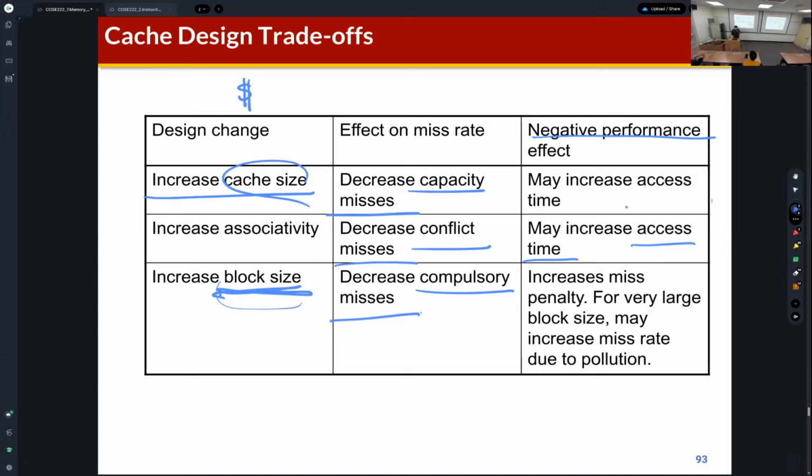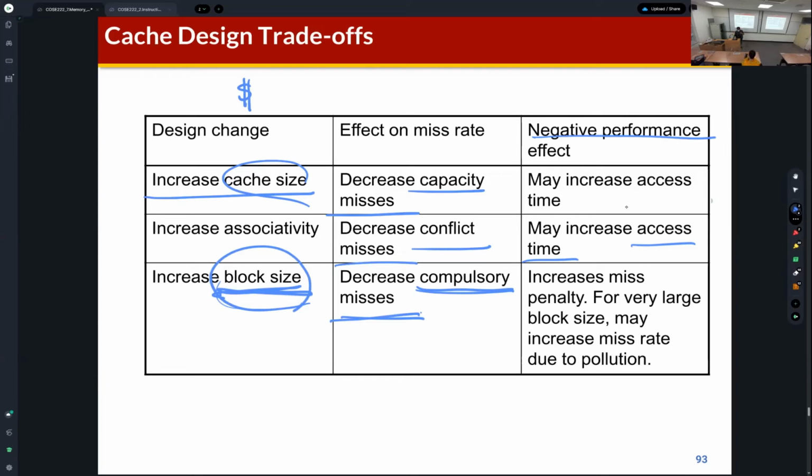So in order to decrease the cold misses, we need to increase the block size. Why? I said the cold miss means that the data is requested by the processor for the first time, and this data is not found in the cache. So this is the cold miss.